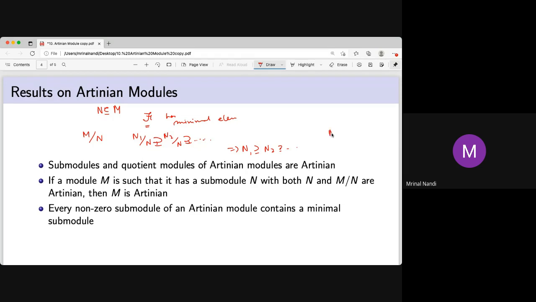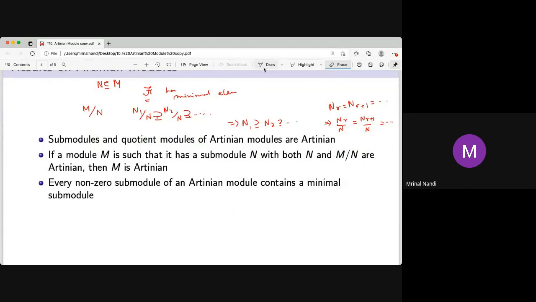So after some step this will be equal, and once this is equal, then the quotient is also equal. So that's why the submodule and quotient module of an Artinian module are again Artinian.